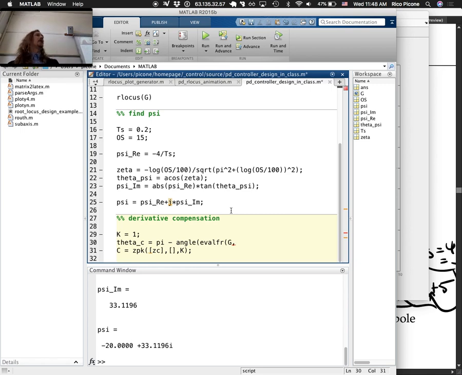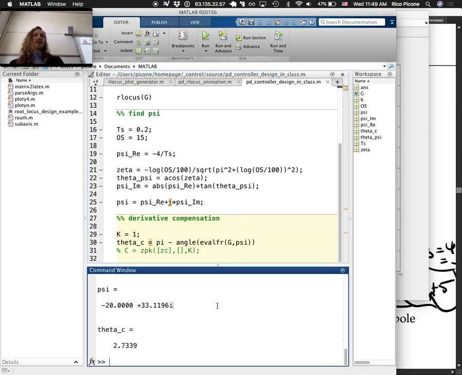This also works for any complex function, so you can have it evaluate a complex number. We want it to evaluate psi for us. Let's comment this out and see what that gives us.